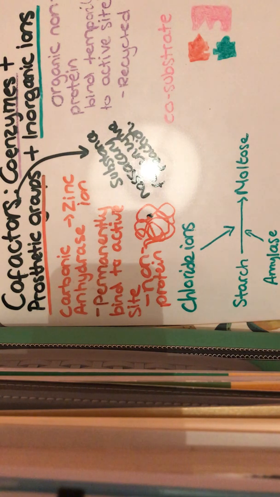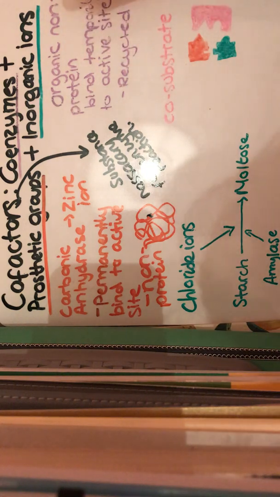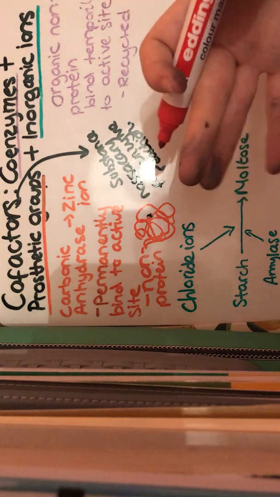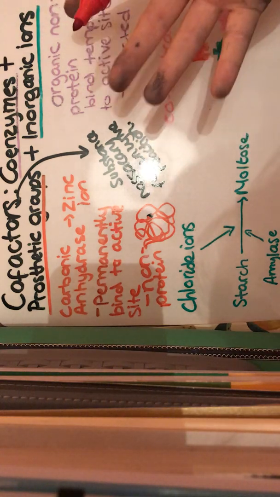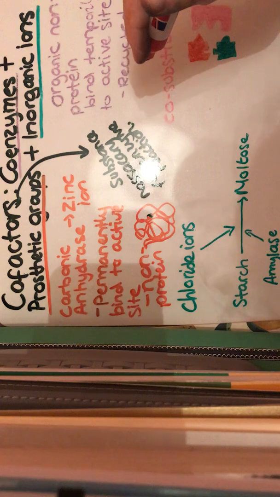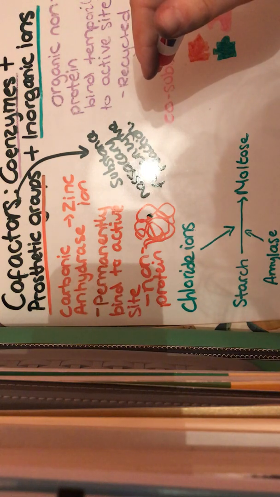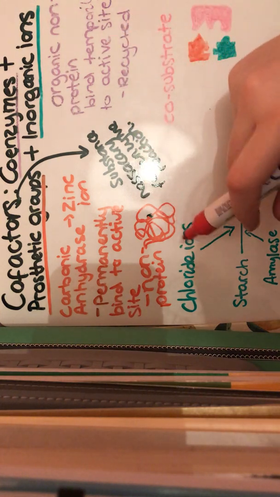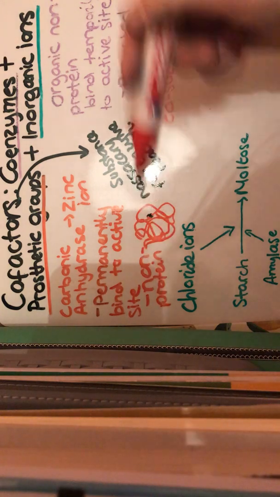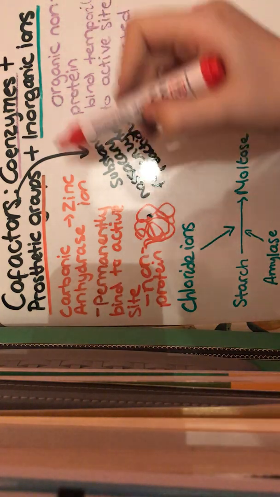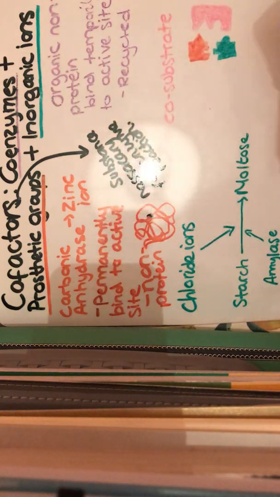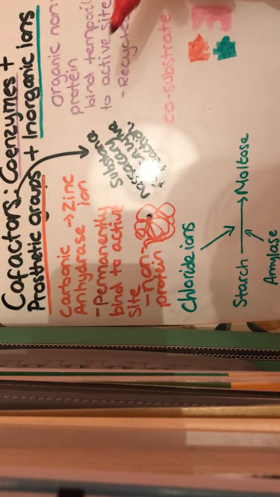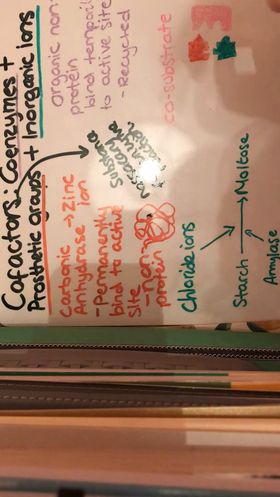So again, they're just integral to catalysing the reaction that enzyme catalyses. Without it, we wouldn't be able to make the products that we need. There's lots of different examples of them, but that's just one. So we need the zinc ion that's permanently bound to the active site of carbonic anhydrase in order to allow these reactions to take place.